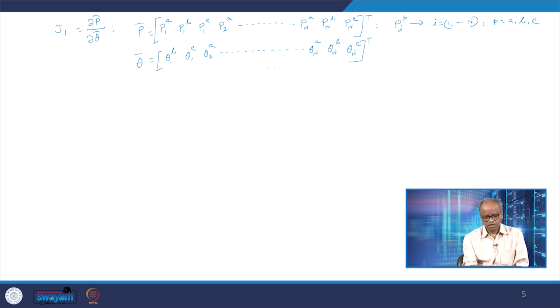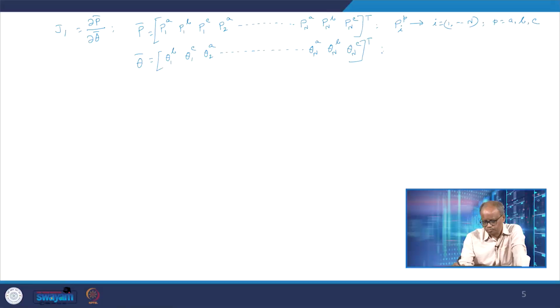Correct? As you can see here, it has all the voltage angles at all the buses corresponding to each phase for all n original buses except theta 1a, because theta 1a is taken to be 0.